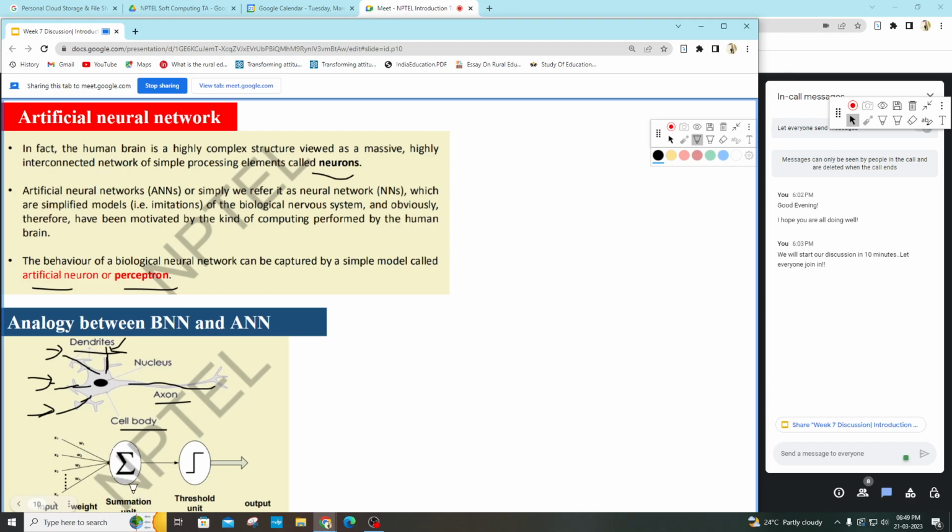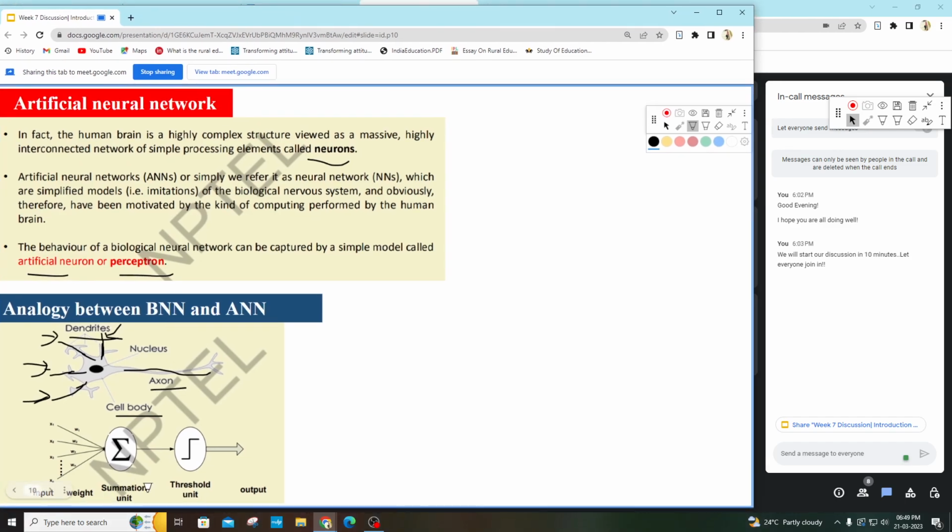Similarly in our artificial neuron, all these branches or all these inputs are summed together in a unit called the summation unit. This is the summation unit.